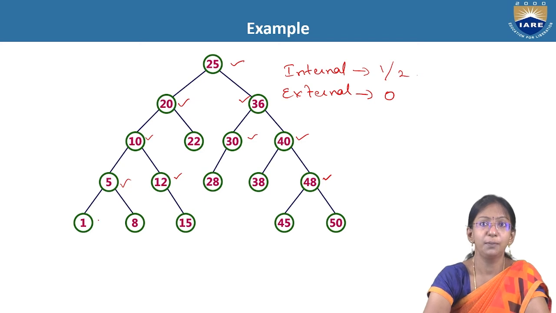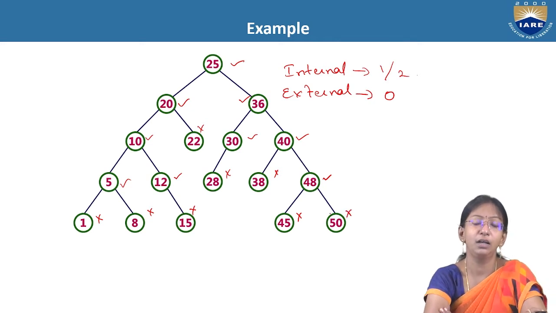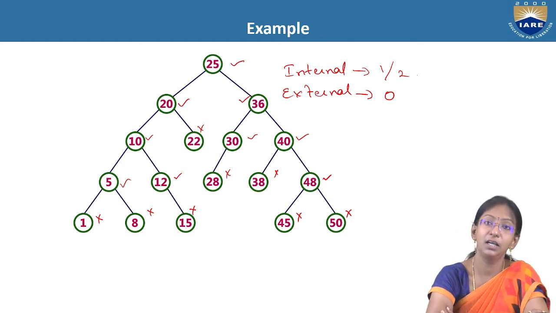Coming to 1, 8, 15, 22, 28, 38, 45 and 50, they are known as external nodes because they don't have children, neither left nor right, right? They are also known as leaf nodes.